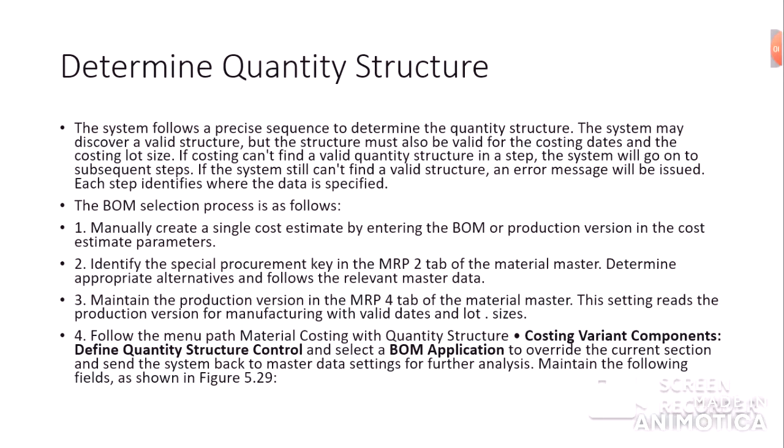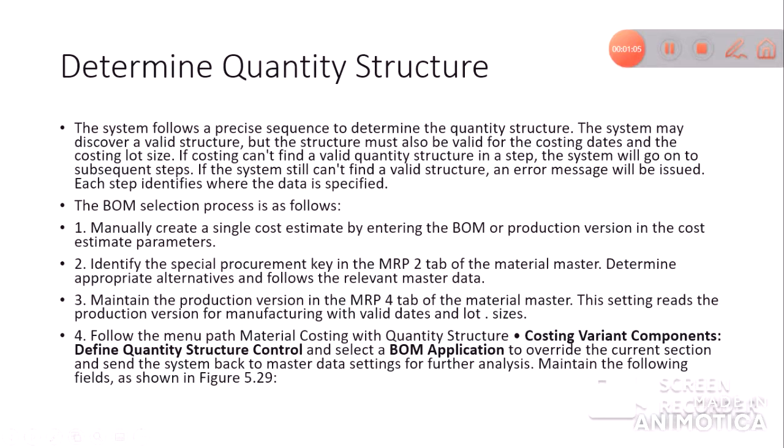If costing can't find a valid quantity structure in a step, the system will go on to subsequent steps. If the system still can't find a valid structure, an error message will be issued. Each step identifies where the data is specified.